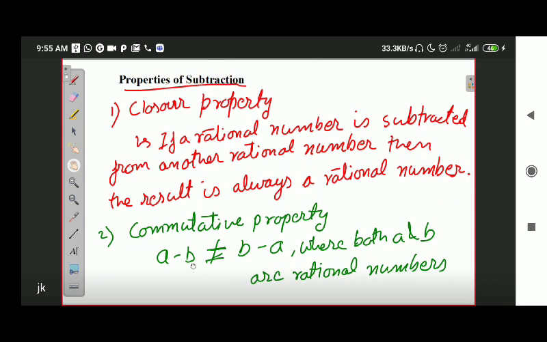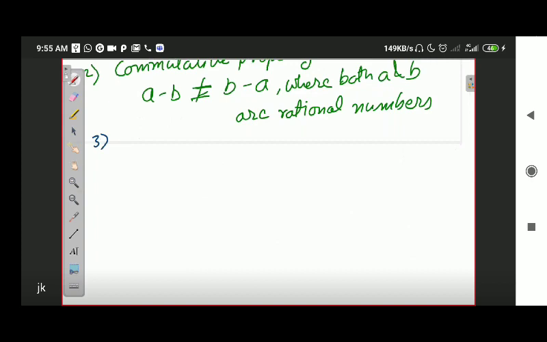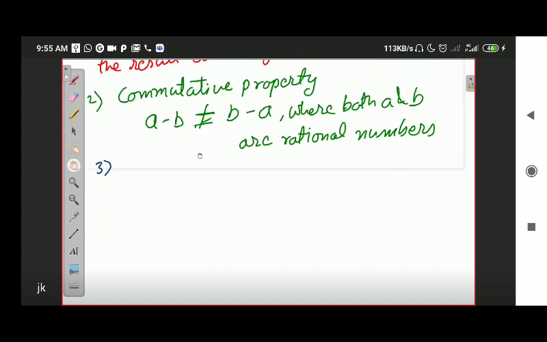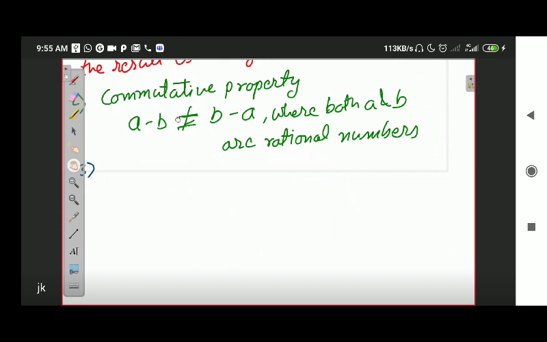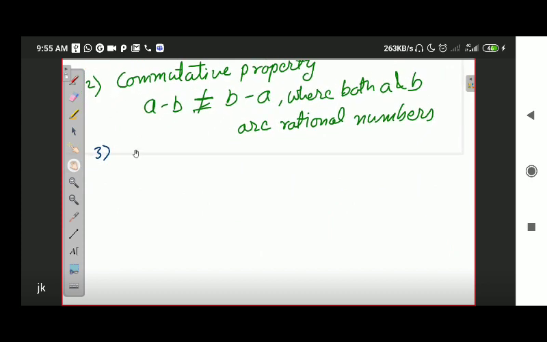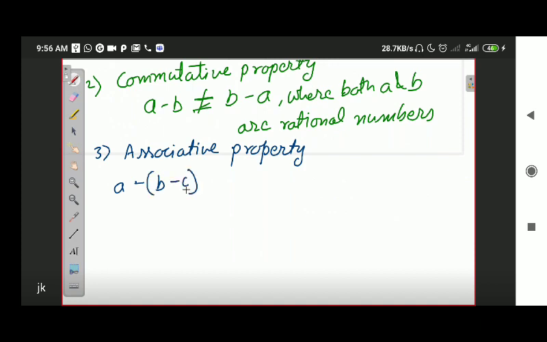Next is the associative property. What we have learned till now is that closure property is applicable for subtraction, commutative property is not applicable for subtraction, and associative property also is not applicable for subtraction. Associative property: a minus (b minus c) is not equal to (a minus b) minus c.